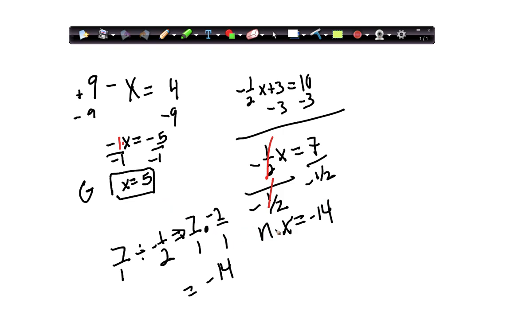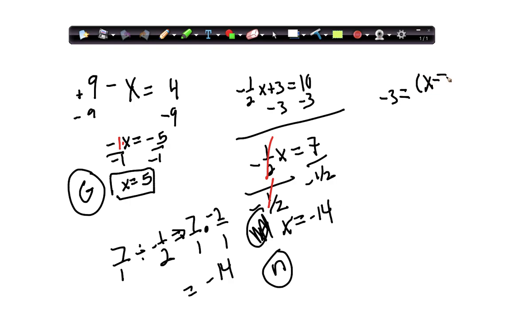And then the last one I did was k, and it is negative 3 equals parentheses x minus 7, a number minus 7, divided by 6.